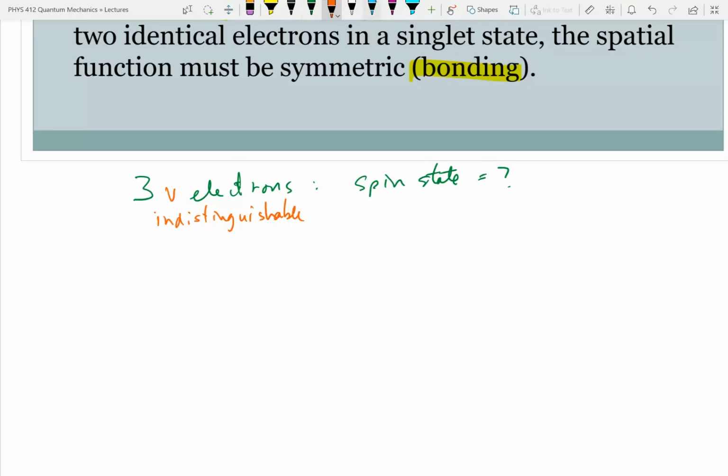How would you go about doing it? Would you just use the first 3, like S equals 1, and then you have the first energy state?